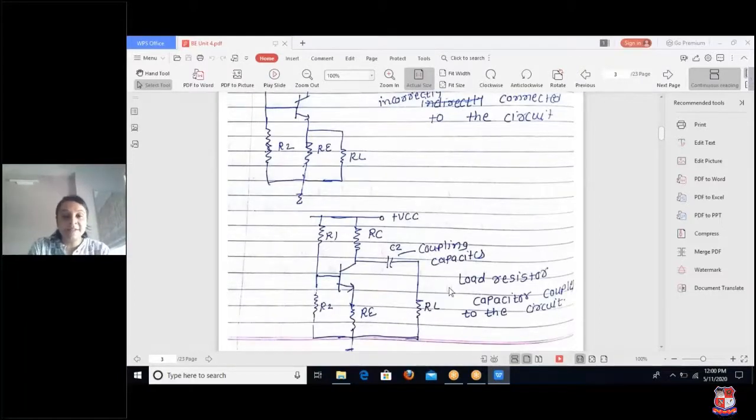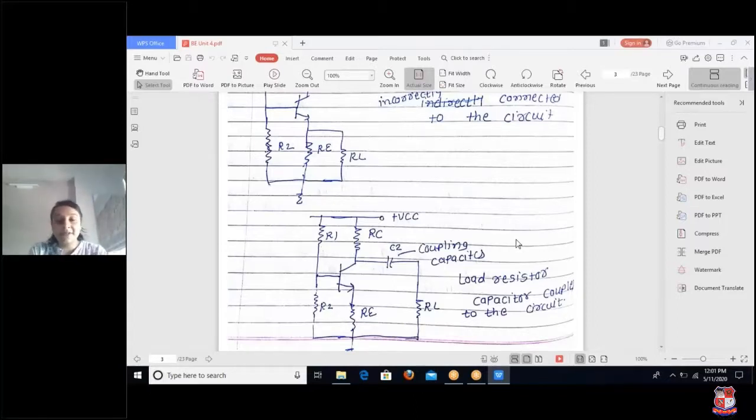In this figure you can see the coupling capacitor is also connected at the output side, in between the output terminal and the load terminal, because the coupling capacitor at the output side also gives you a pure AC signal output.